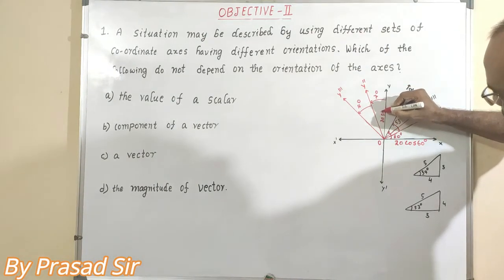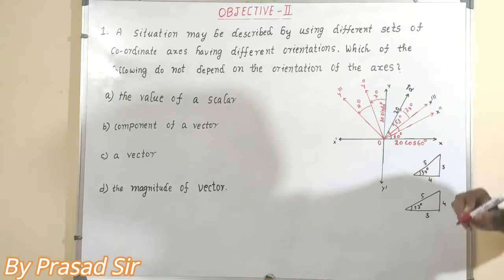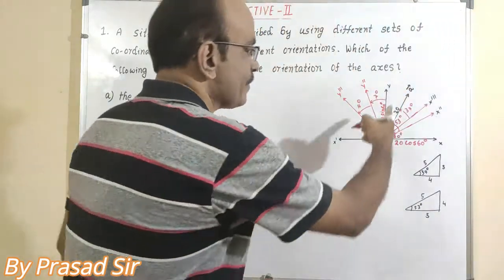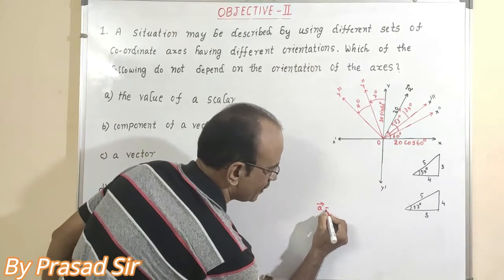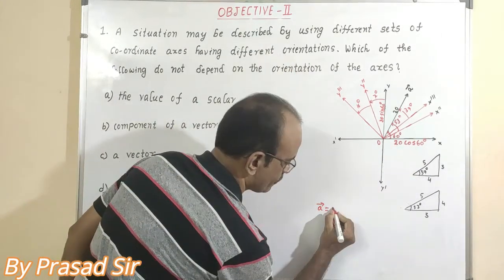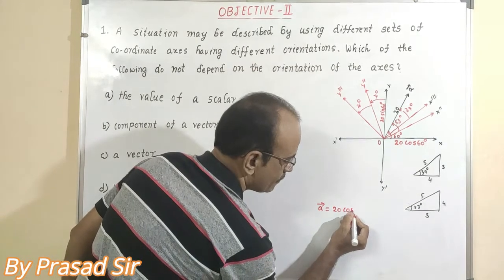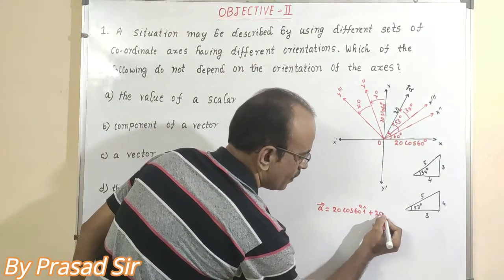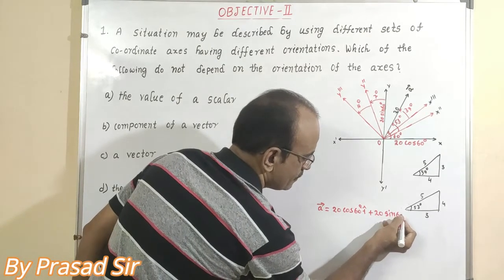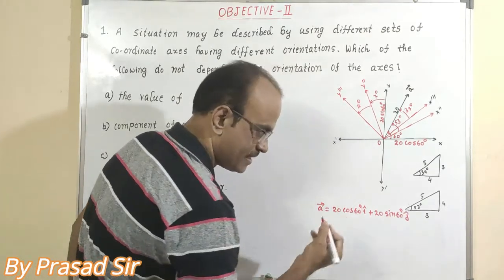Now, what is this component? 20 sine 60 degrees. Now, I want to write the vector A here. Vector A is equal to 20 cos 60 degrees i cap plus 20 sine 60 degrees j cap.